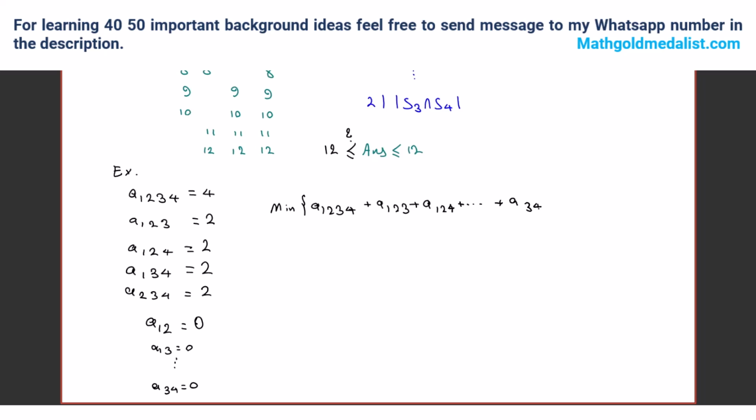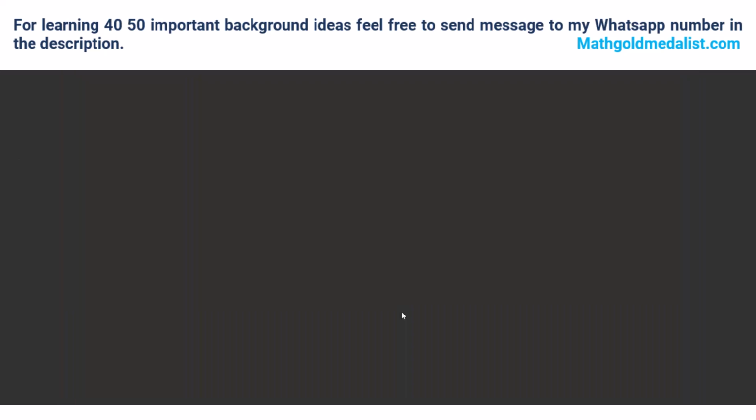Last one, A34. We should find the minimum of this, right? And now the thing that we should focus on is to prove this one is at least what? Yes, if we prove this, then the problem will be solved for 4, right? For n 2 and 4, right? So let's try to prove this part.